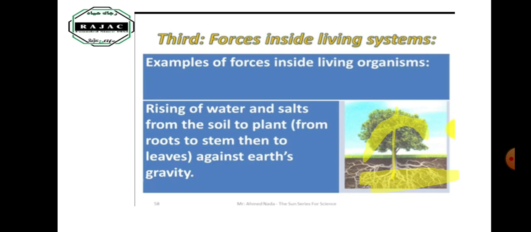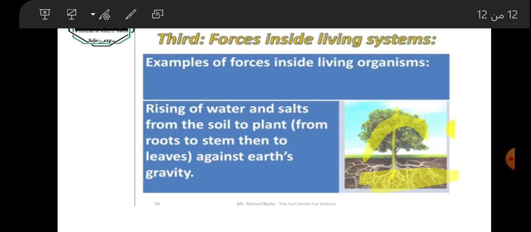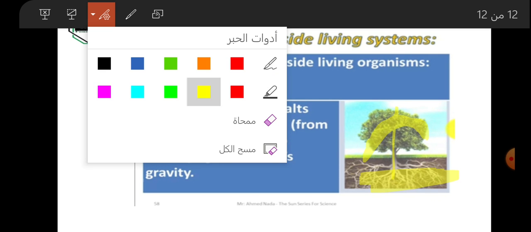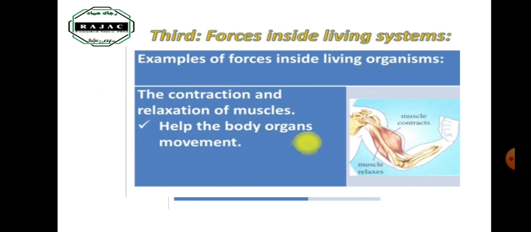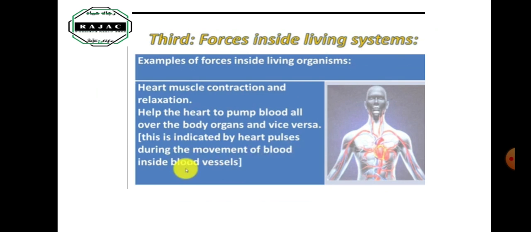But this force, as I said, is against the earth's gravity. How come? From the lower concentration to the higher concentration. Is it clear? So here we talked about the examples of forces inside the living system.